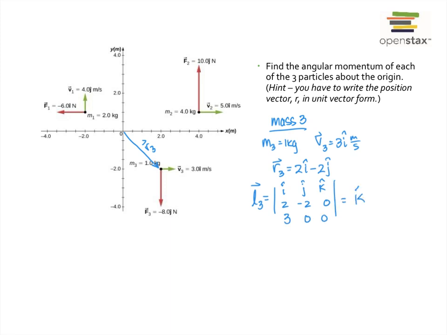Again, I already know there's no x and y component because that's how cross products work. The two vectors I'm taking the cross product of are in the x and y direction. So k is 2 minus 2, 3, and 0. So I get 0 minus a minus 6. So it's 6 kilograms meters squared per second in the k direction.